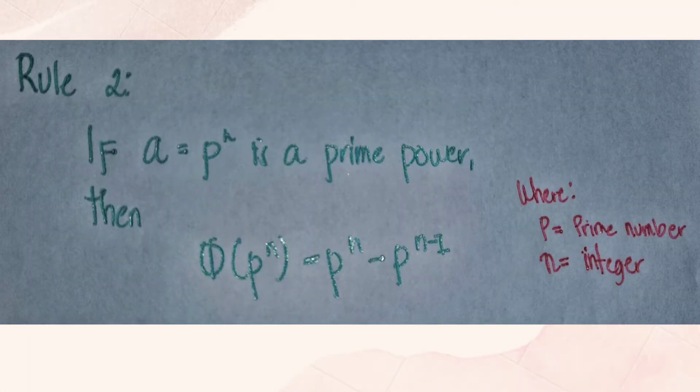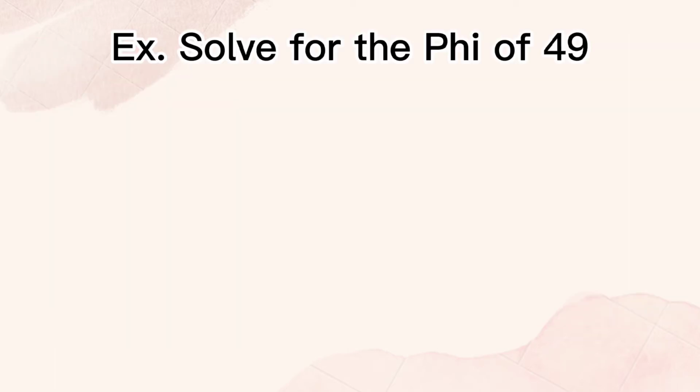Rule number 2: if a is equal to p raised to n, a prime power, then the phi of p raised to n is equal to p raised to n minus p raised to n minus 1, where p is a prime number and n is an integer. Example, solve for the phi of 49.